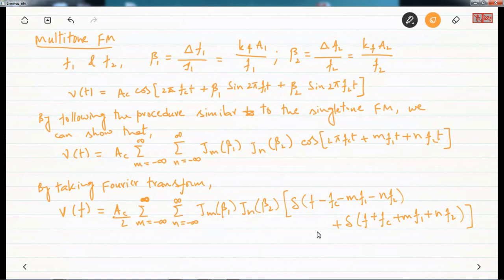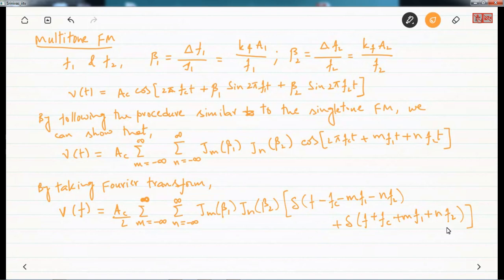We get this. See, this equation is also similar to the single tone equation, except that there is f2 here. In the single tone equation, it is delta f minus fc minus mf1, that's it. But here, as there is a second frequency, there is an f2. Similarly here, because of the second frequency, there is an f2.